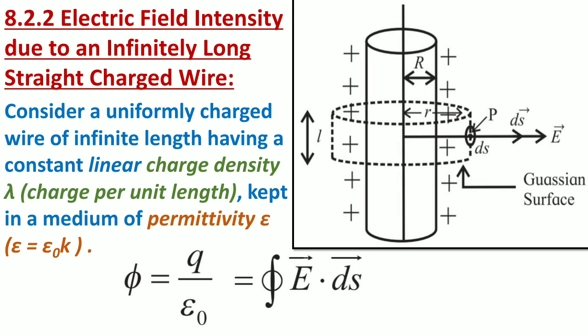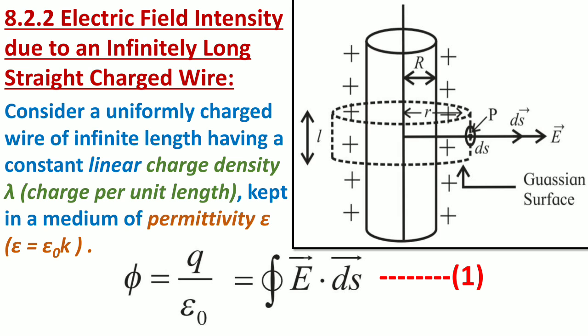Flux is nothing but Q upon epsilon naught, and according to Gauss's law, this flux, or Q upon epsilon naught, is equal to closed integral of vector E dot vector ds, where vector E is the electric field intensity and vector ds is the area. We know that flux is nothing but intensity into area. So this is the Gauss's law, and we will label this as equation number 1. You have to always remember equation number 1.